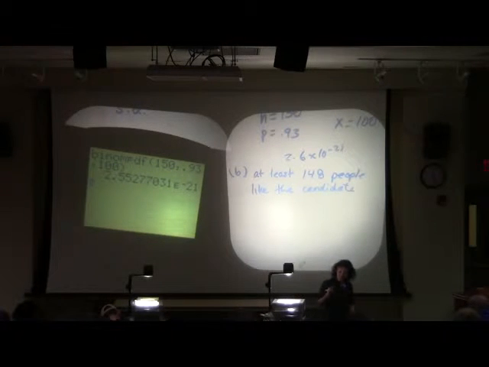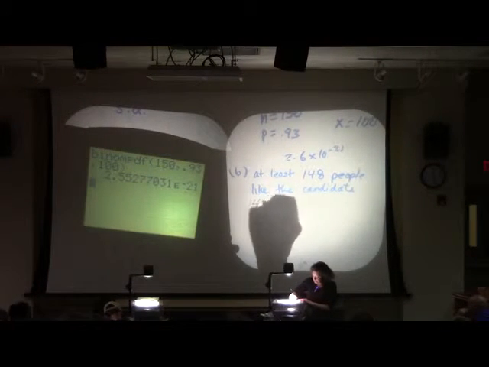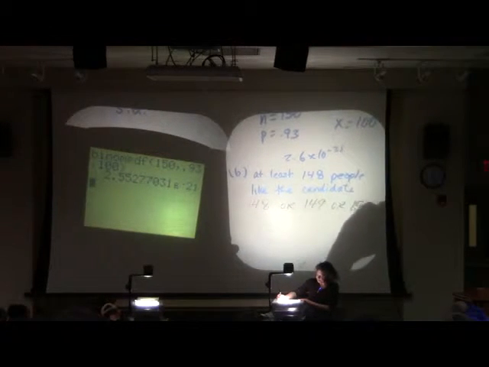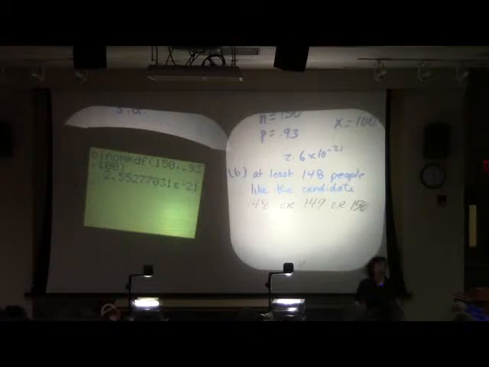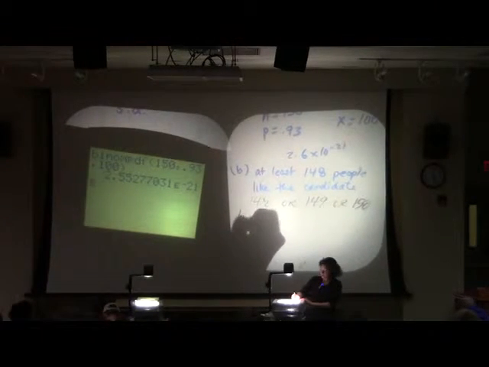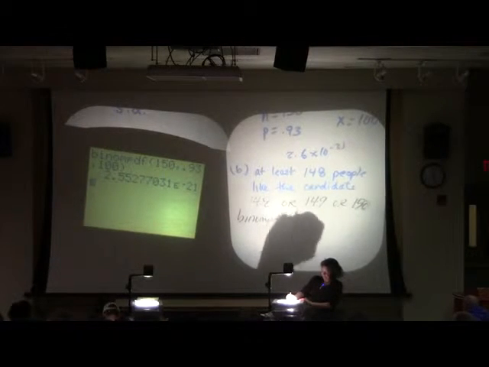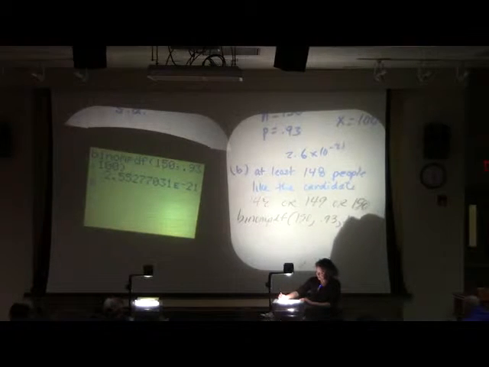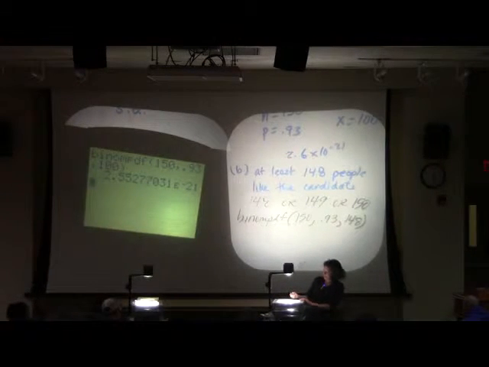Okay? What does at least 148 mean in the context of this problem? Right, it means we're interested in 148 or 149 or 150 people. Y'all with me there? Now, if we do this the way we have been, doesn't this mean that we have 3 binomial PDFs? Binomial PDF, N is 150, P is 0.93, and first we have X being 148.